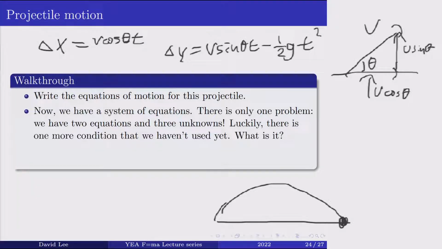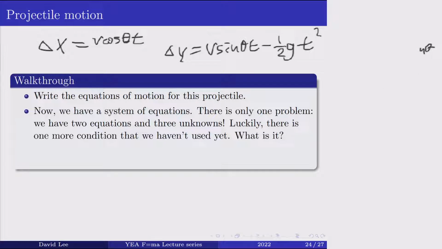What's one condition about this point that we can write as an equation? All right, yeah, it's just y is equal to 0. So now we have our third equation, which is that y is equal to 0.